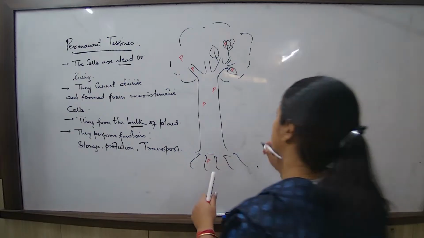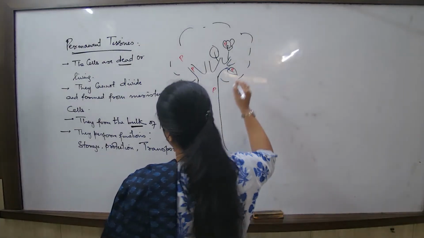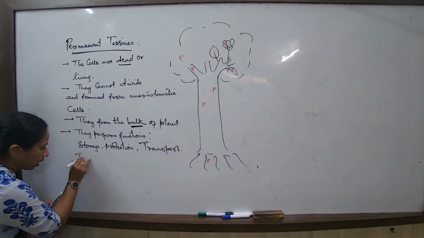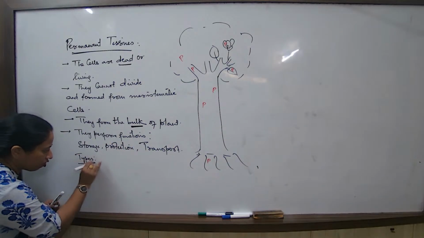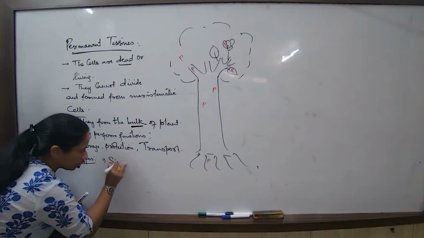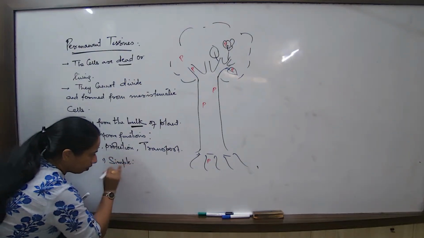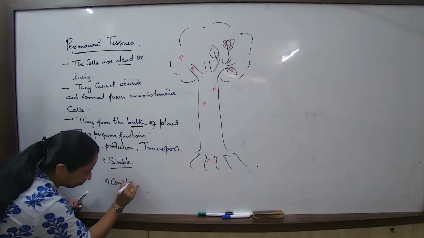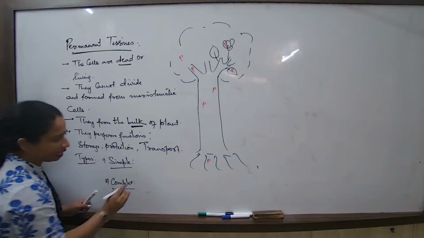Let us talk about the types now. The permanent tissues, let us just look at the categories, then we go one by one. What are the types of permanent tissues? Number one, simple permanent. Number two, complex permanent. Simple permanent, how many types?